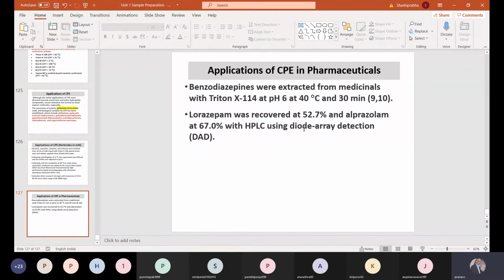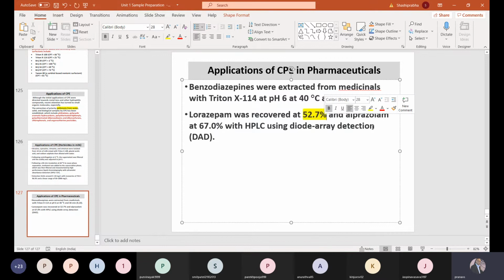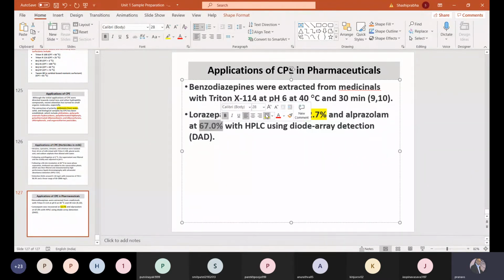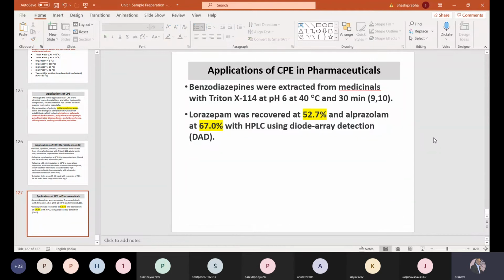Here you can find the recovery was very less, but it can be further optimized to increase the efficiency of extraction, because everything may not be extracted to the same extent. As you can see, one drug is 67%. So different drugs are extracted to different extent. And then of course one can go for any instrumental analysis to know their concentrations, etc.